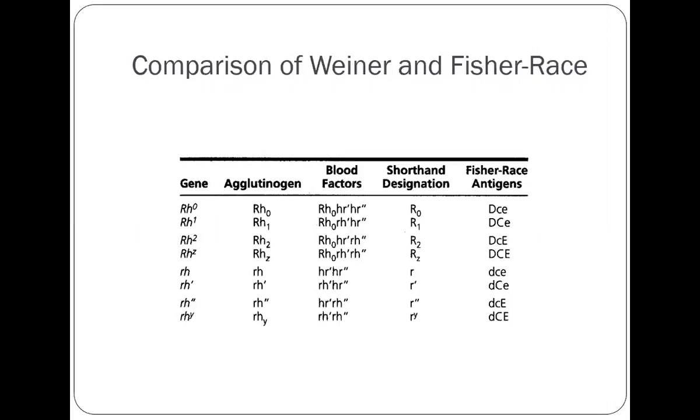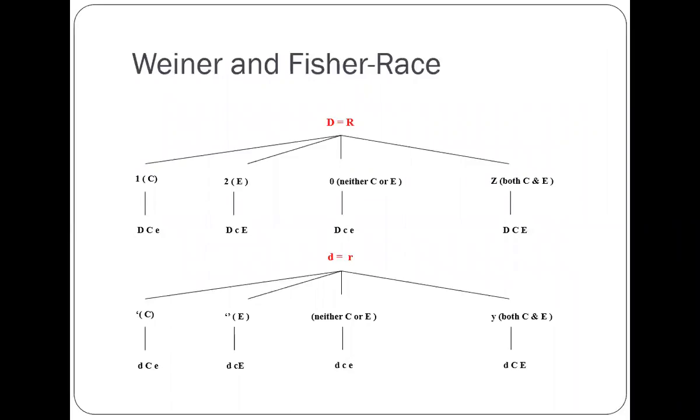So let's keep going. Okay, so the most important thing you need to understand when you're translating between Wiener and Fisher-Race is that the big R is the same as big D, which means that there was a big D antigen inherited. Little r indicates that there was no big D antigen. So we could use, again, the designated little d to signify that no big D was inherited.